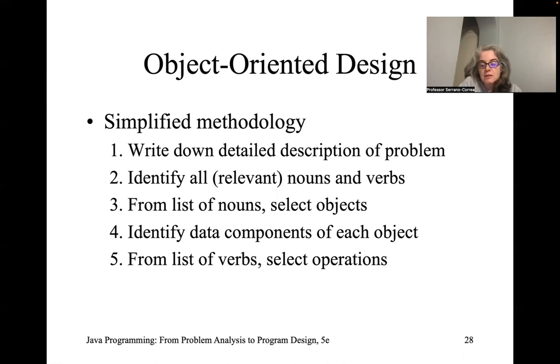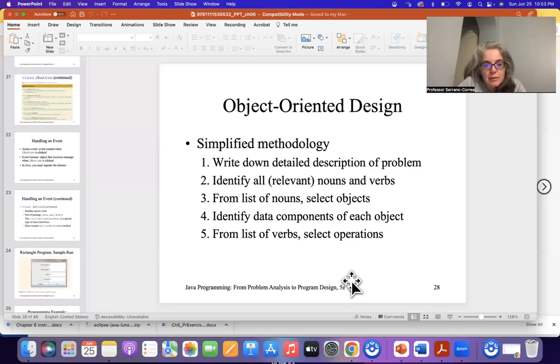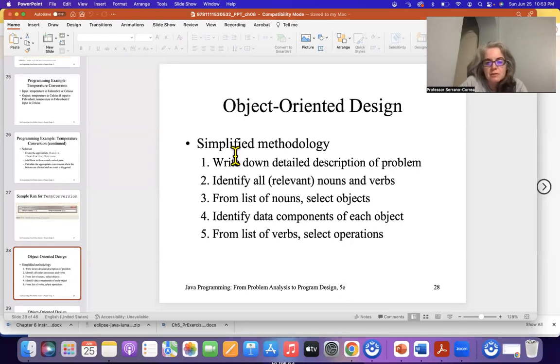Okay, so this is where we're going to stop. I wanted to show you this so you'd be able to do the program you're going to be doing, which is creating a GUI application.